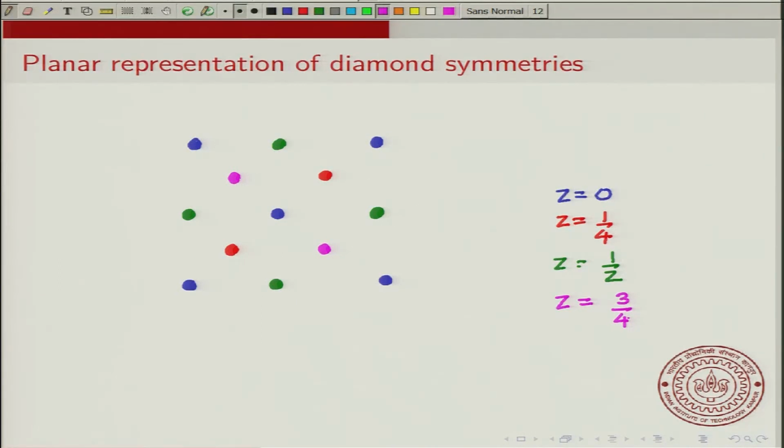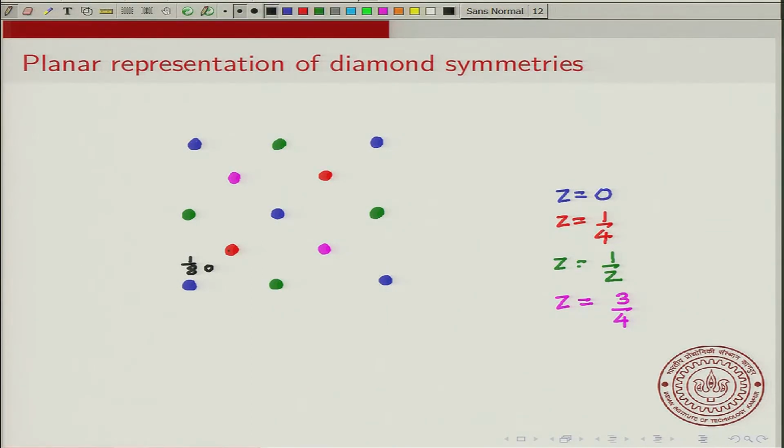Now, let us look at the symmetries. You should keep in mind that there is an inversion center right between these two. There is an inversion center at z equal to 1/8, and it is on the line that is bisecting this blue point and this red point.